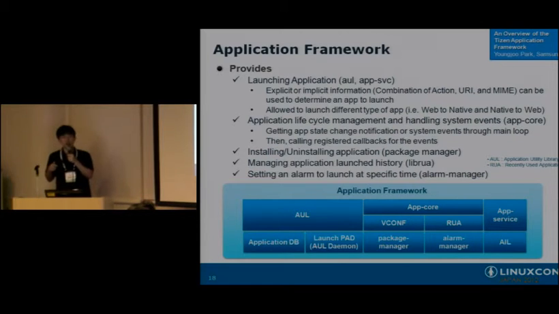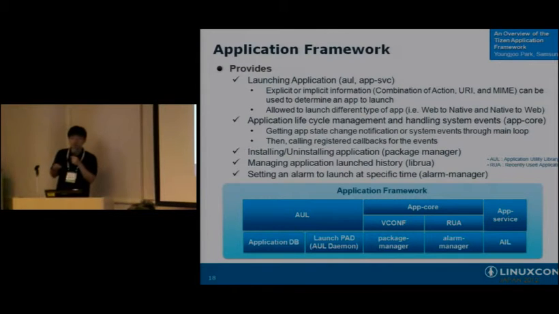Handling system events works in a similar way from the application point of view. The application defines its callbacks and adds that callback for a specific system event. So all of this is based on the main loop, and the package manager can handle the installation and uninstallation of applications.